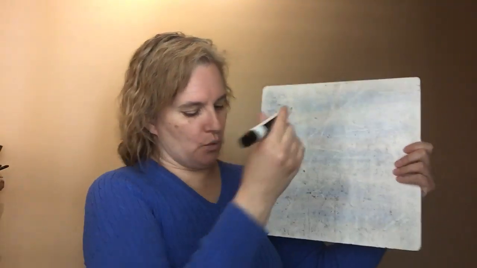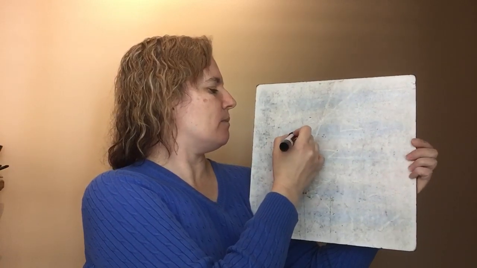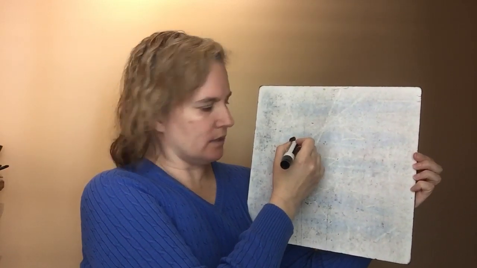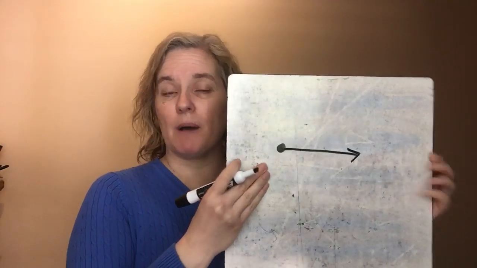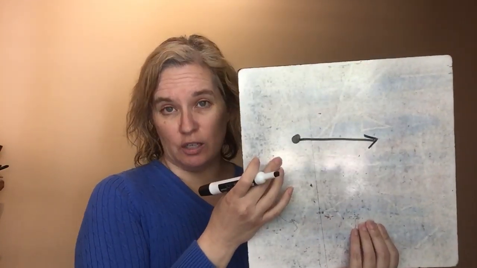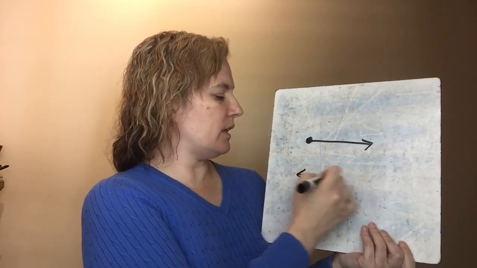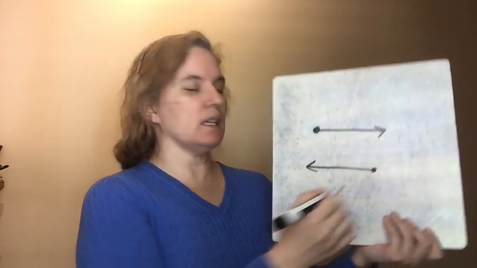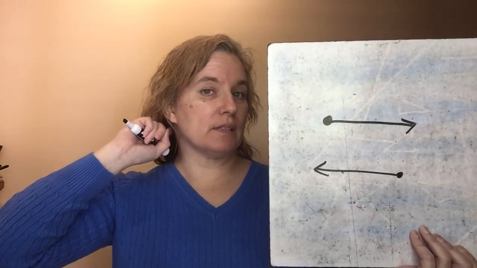The last one is ray. And a ray has a definitive point, but it keeps going. So it can either have a spot where it definitively starts, or it can have a spot where it definitively ends. For example, let's go back to the flower bed.